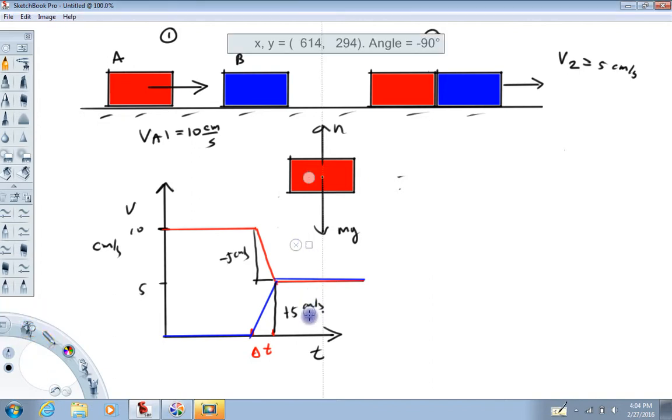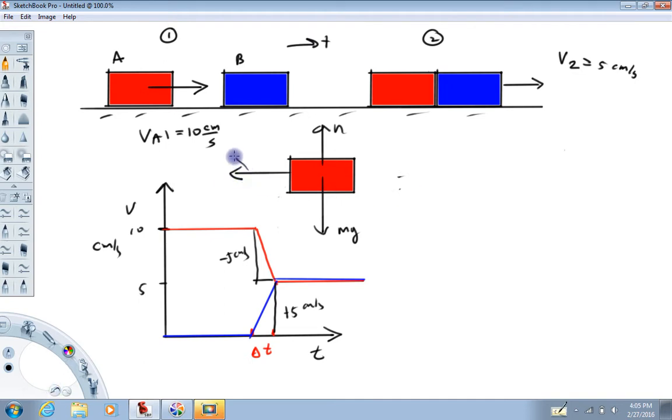So the other force that I've got to get in there is the force that occurs between these two masses. And that force would be to the left on the red mass. And again, this is the force between them. I'll put NAB, the normal force between A and B. And that force is really only occurring over this small time frame here.